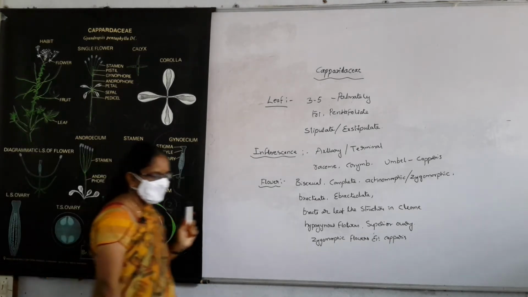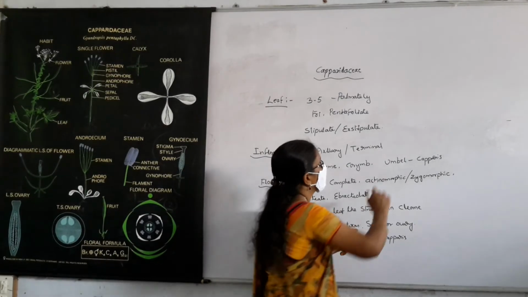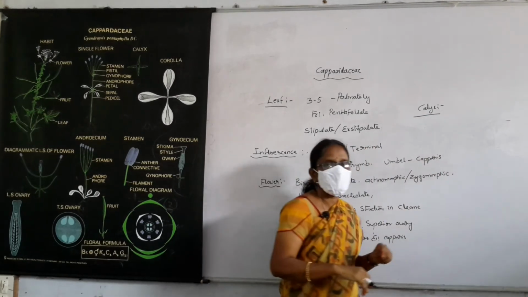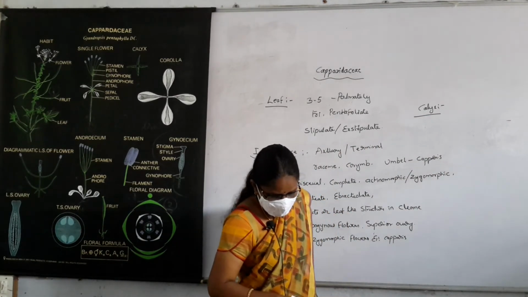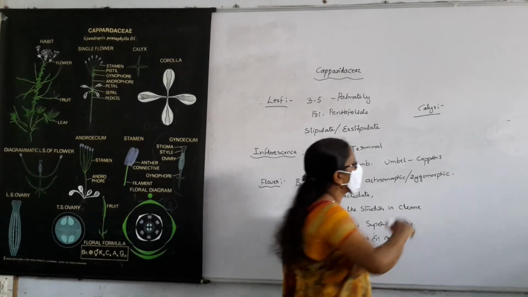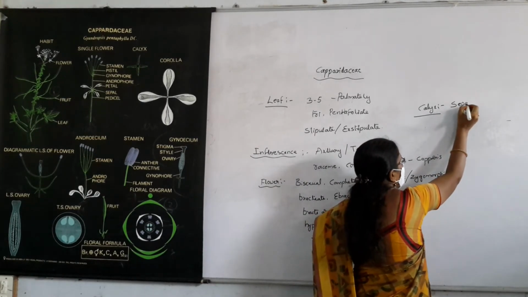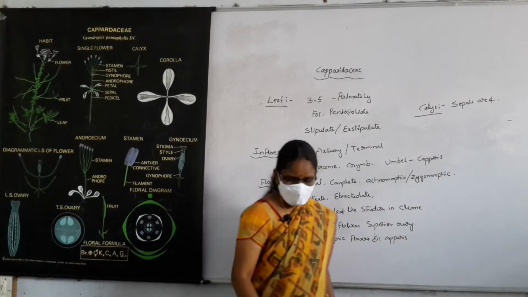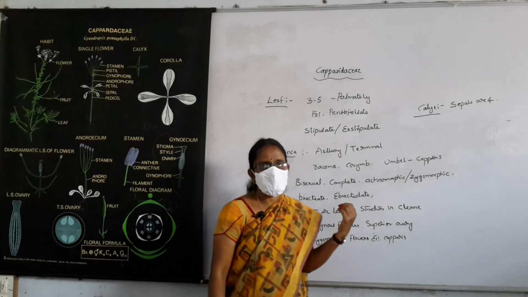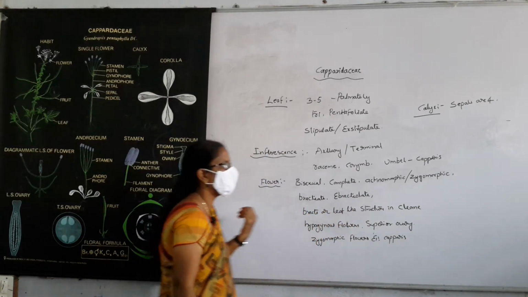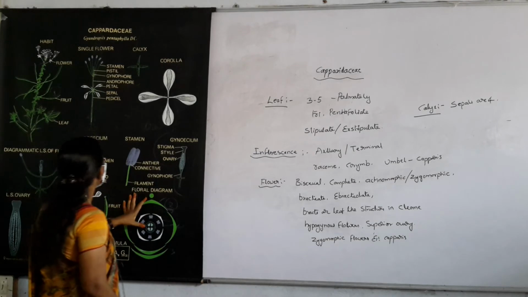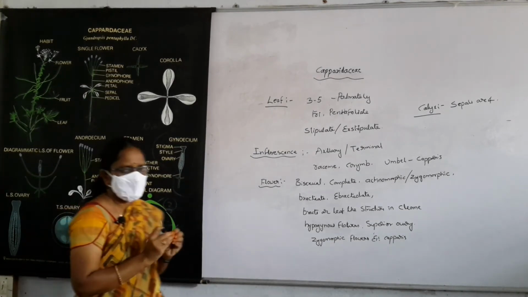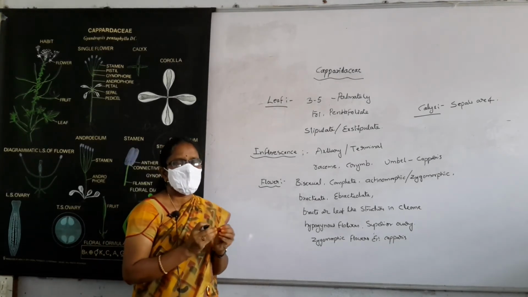Next we will see the calyx of the flower. The calyx normally has four sepals, and they are polysepalous. Polysepalous means the sepals are free; in some types of flowers the edges of the sepals are attached.